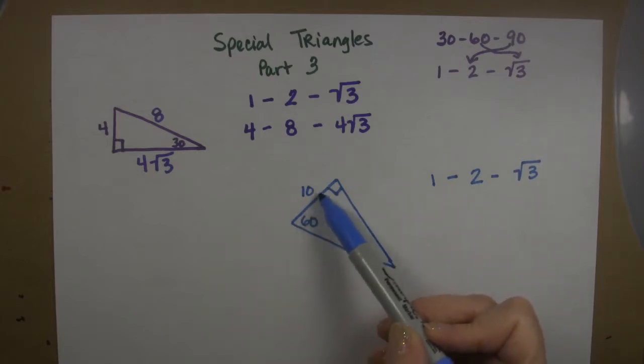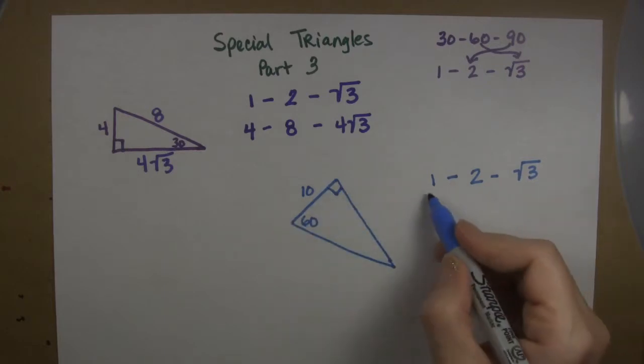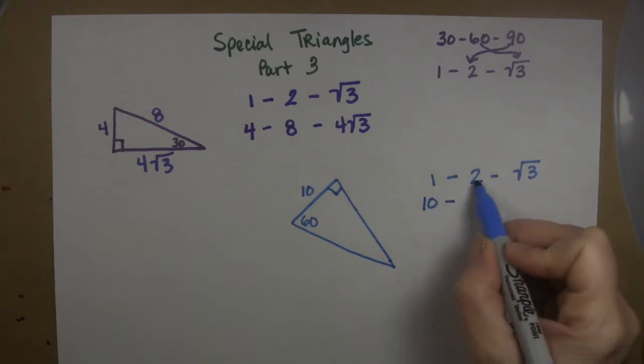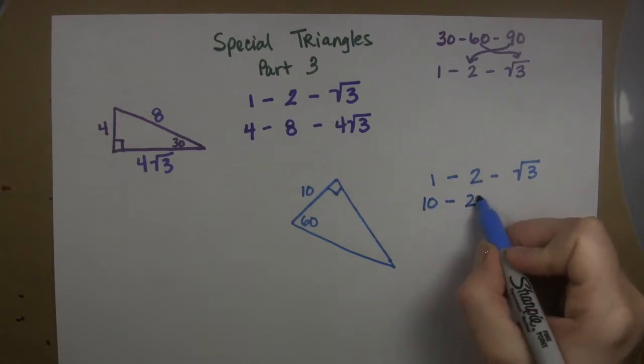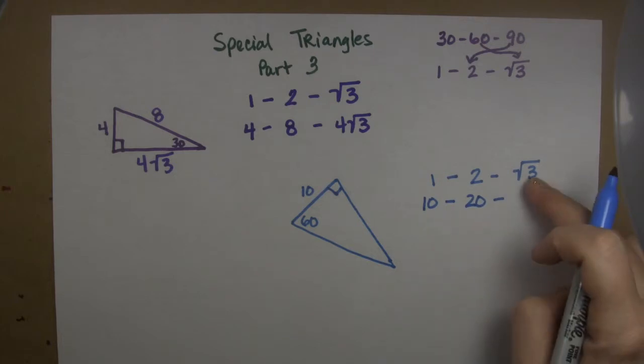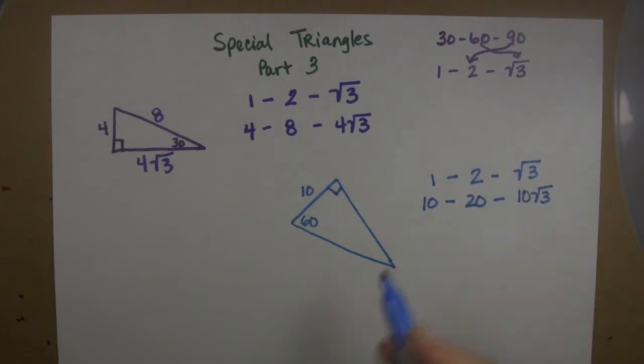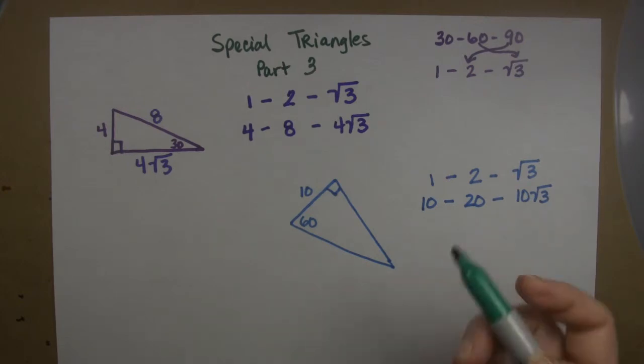This side that I know is the 10, and it is the short side, so it corresponds with 1. I can do 2 times 10, which is 20, and I can do root 3 times 10, which is 10 root 3.